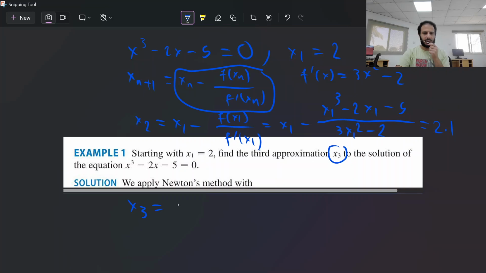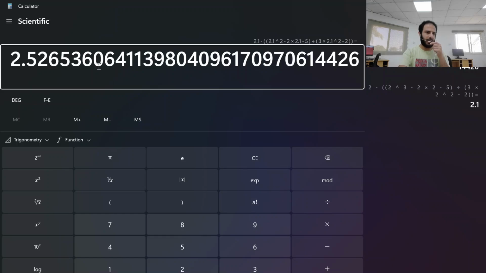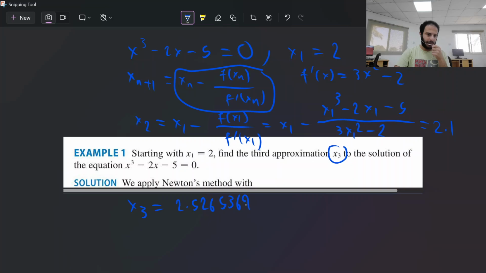Let's write 6 digits, okay? And don't approximate. For example, if you have 9, don't approximate and write 7. Write it 6. Keep it as it's in the calculator, okay?